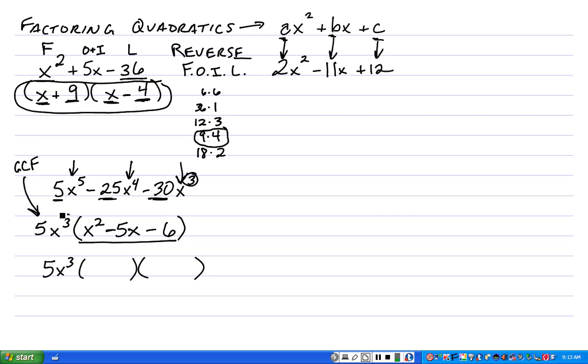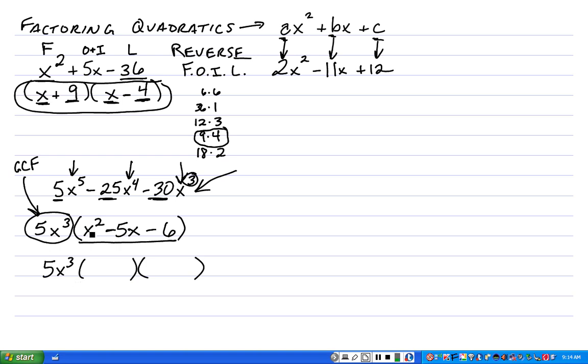We're not focused on the GCF anymore. We've pulled that out. We're looking at a simplified version of this after pulling out 5x to the third, which is now just this trinomial right here. So the two binomials that we're trying to set up now are based simply on this trinomial right here, and I just bring down my GCF all the way down to the end.